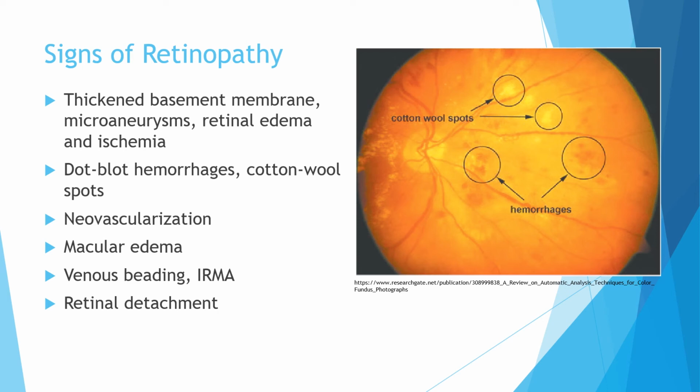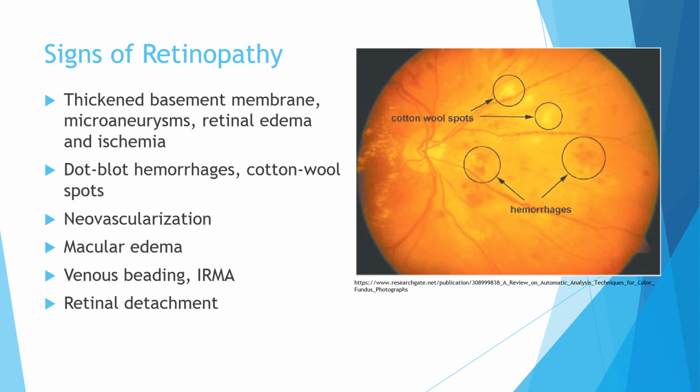So thickened basement membranes, microaneurysms, and edema in the retina, as well as ischemia of some of the microvasculature are prominent signs. Dot blot hemorrhages are mainly seen in diabetes, and cotton wool spots are indicative of infarcts. Neovascularization can occur in proliferative diabetic retinopathy.